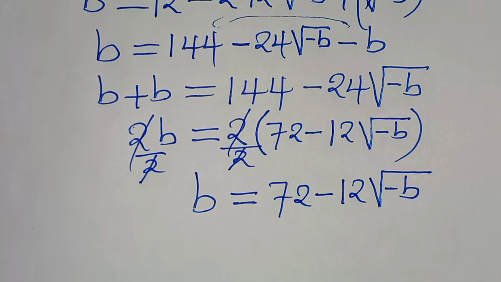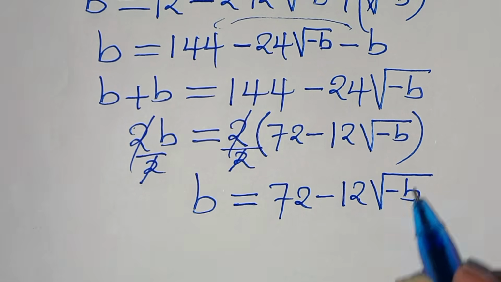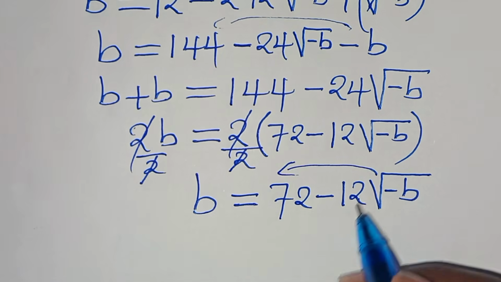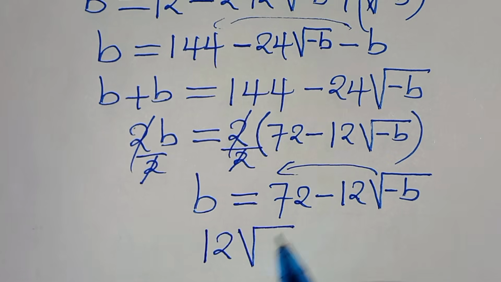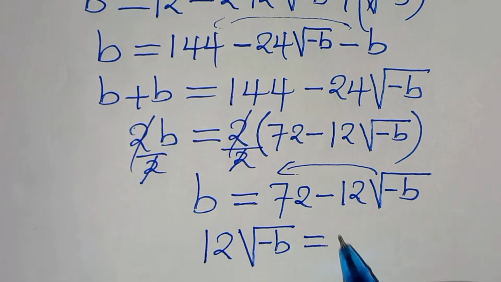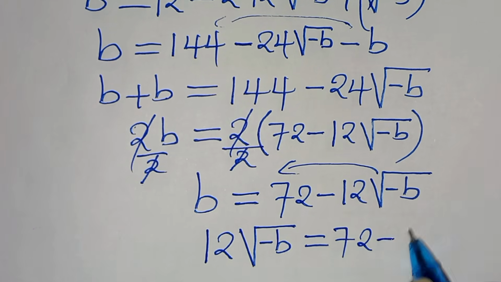The next step is to take minus 12 square root of minus b to the left hand side, so that we have 12 square root of minus b equal to 72 minus b.